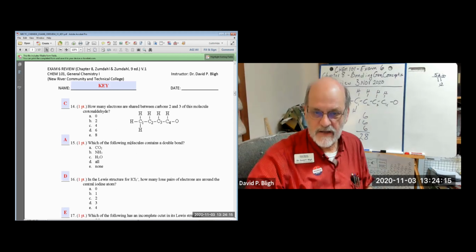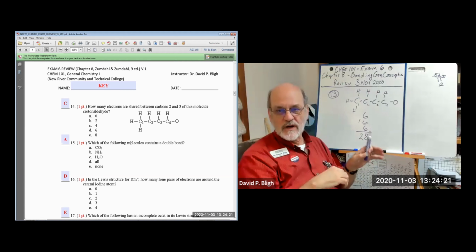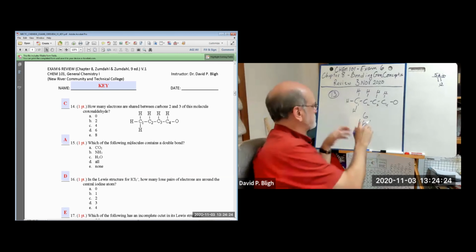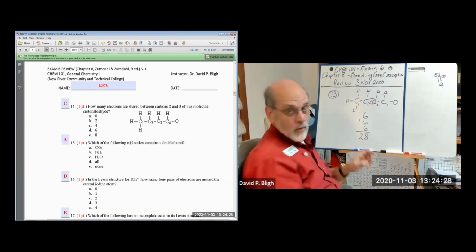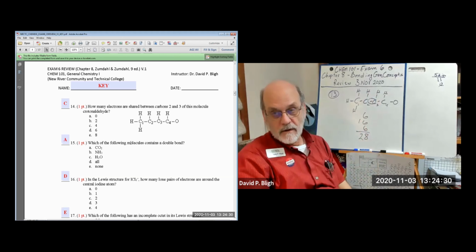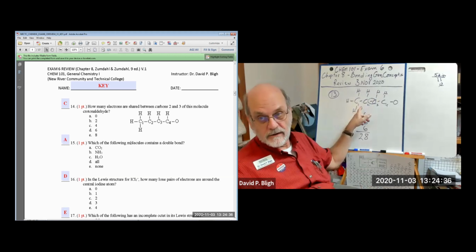But then on the next page, we're using the same model and we're asking a different question. How many electrons are shared between carbons 2 and 3? We only show 1 bond there. But notice, if you just take that 1 bond, that these carbons do not have an octet.